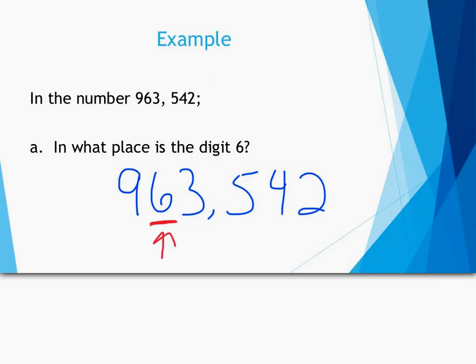Well, we know that this is in the thousands area, right here. This is the thousands, and this is the ones, the tens, and the hundreds. So our 6 is in the 10,000s place.